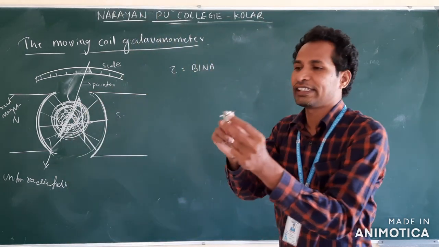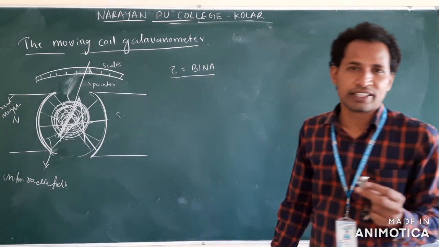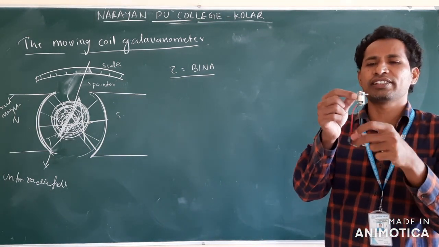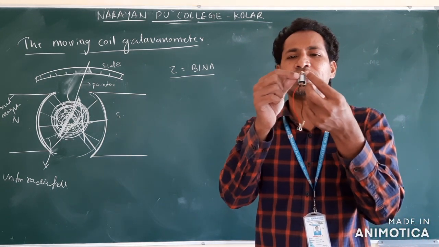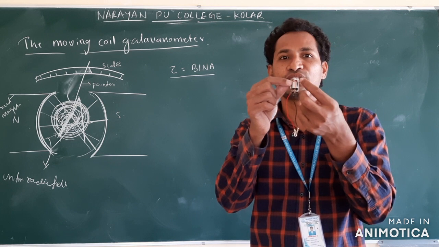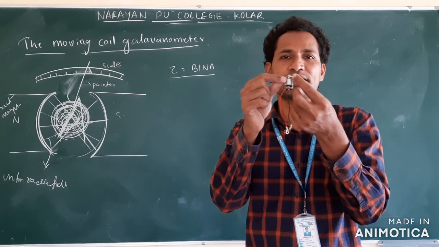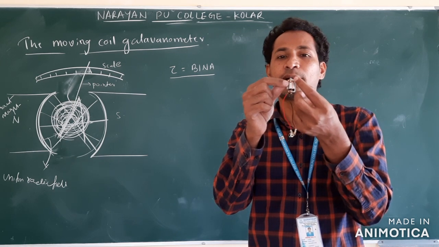And A is this rectangular area. This is the maximum torque experienced by this coil. As soon as current passes, it deflects like this. When I remove the current, it comes back to its original position.